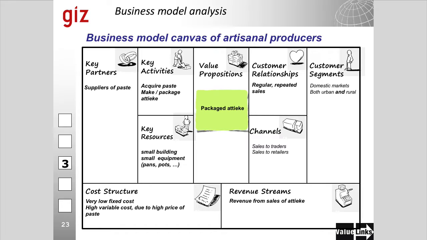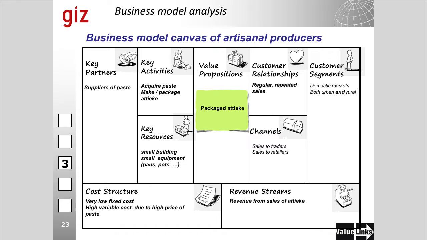Customer relationships are with urban, mainly, but also rural consumers who buy the product. There are traders, as you've seen, with regular and repeated sales to them. The channel is either through traders who sell to retailers or directly to retailers.